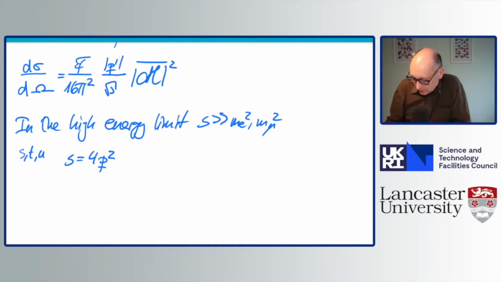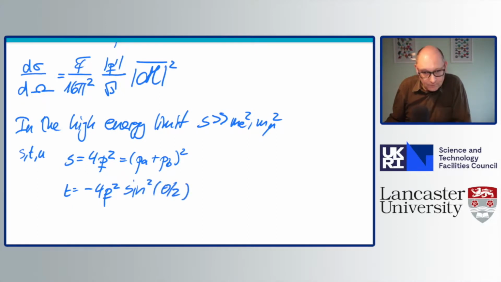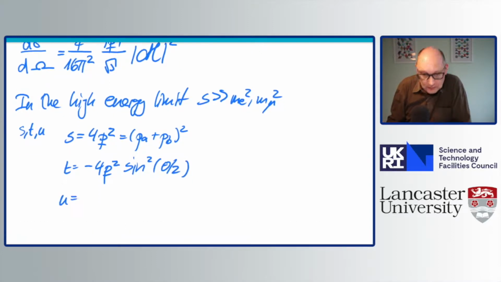Sorry, we all know s is (p_A + p_B), the incoming four-momentum squared. t is (p_A minus one of the outgoing ones) squared, but that's minus 4p squared sine squared theta halves, and u is equal to minus 4p squared cos squared theta halves.